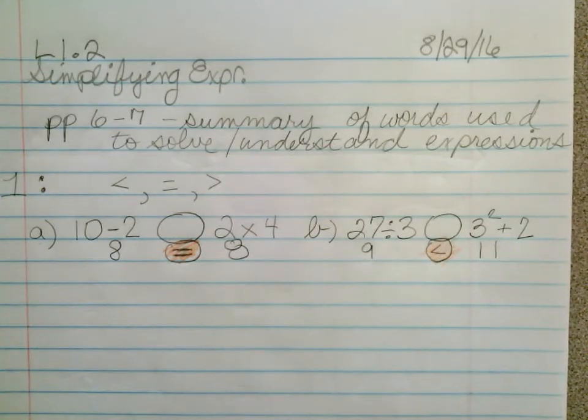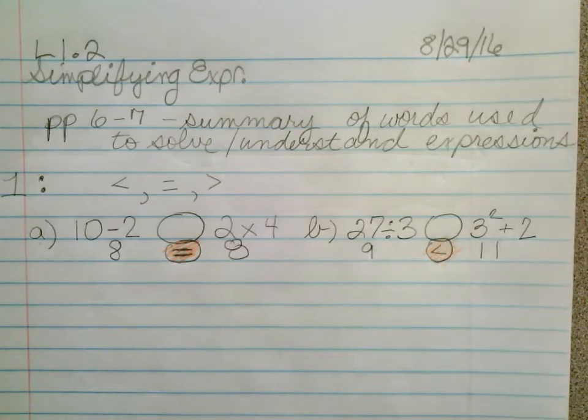Okay, please look at the bottom of page 7. To simplify an expression, you replace it with the simplest or most common item having the same value. Erin, how old are you? 16.